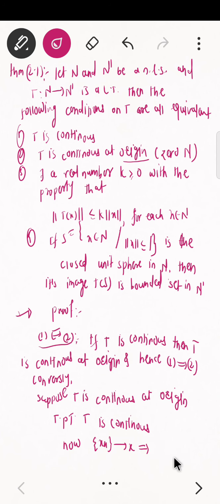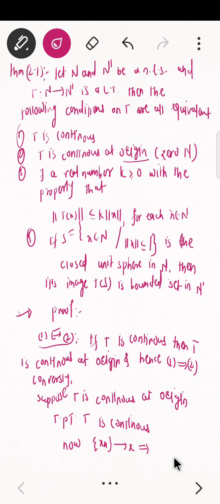So x_n converges to x implies that x_n minus x tends to 0, which is obvious by definition. As T is continuous at the origin and x_n minus x converges to 0, the image of x_n minus x is going to converge to T(0).